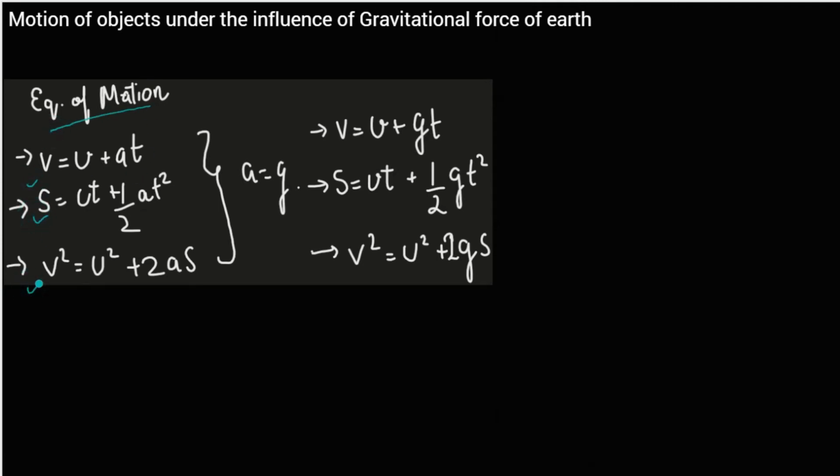Just replace this a with small g, and the equations of motion due to the gravitational force of the earth are done. I have just changed the small a to small g, just to differentiate between gravitational acceleration and the normal acceleration that can be produced by anybody.